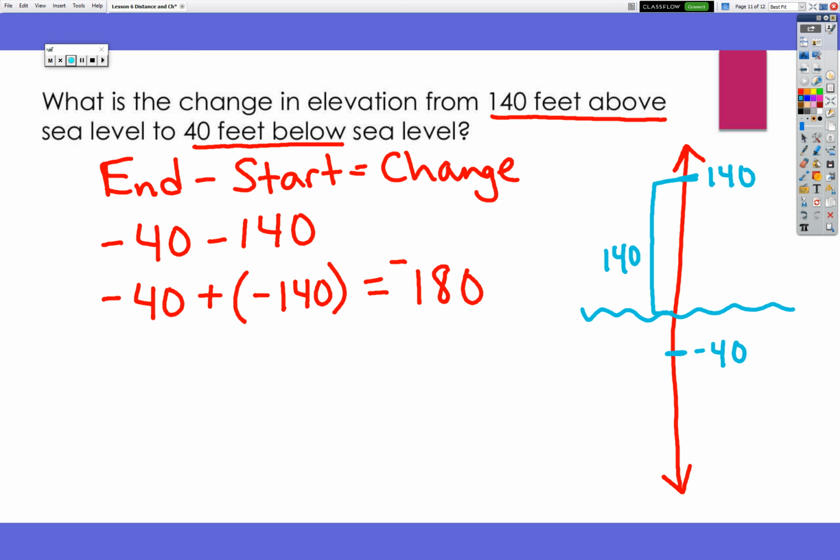The distance from 0 to negative 40 is 40 units. We're adding those two distances together to give us the total distance. So the total distance is 180 units, but change has to be negative because we're going down.